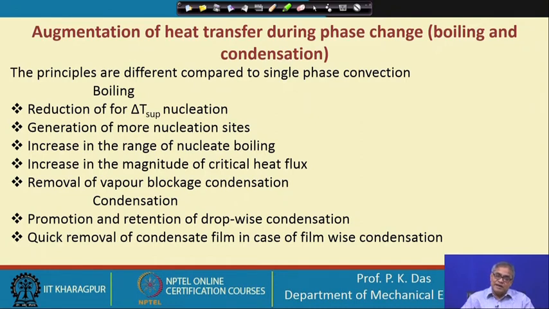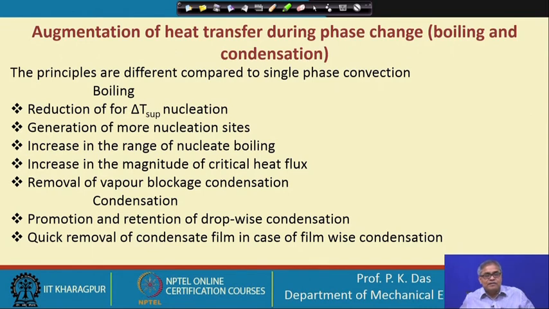Probably most of you know it, because as a prerequisite of this course, probably all of you have attended a heat transfer course, and there you are familiar with different regimes of boiling. So, the maximum heat flux that we can allow in many industrial equipment is the critical heat flux.